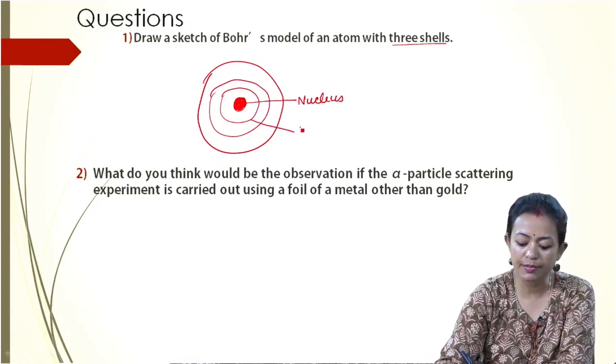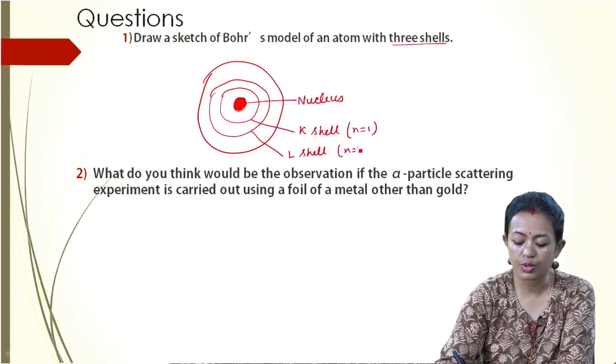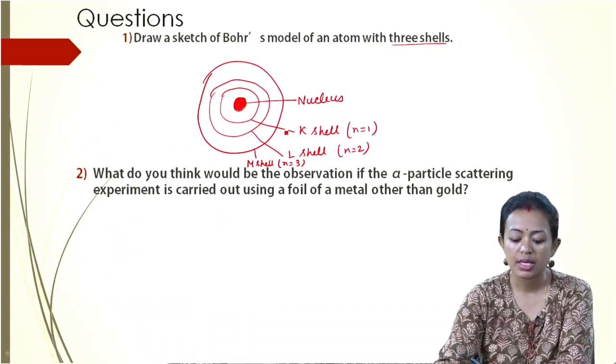This would signify the K shell, that is n equal to 1. L shell, n equal to 2, whereas M shell, n equal to 3. So this is Bohr's model of an atom with 3 shells: shell K, the first shell, shell L, the second shell, and shell M, the third shell.